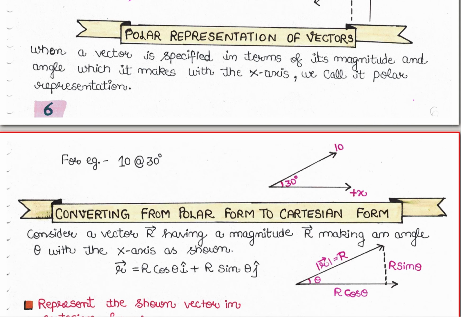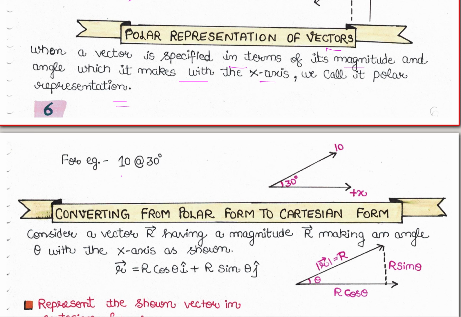Okay. Now polar representation of a vector. When a vector is specified in terms of its magnitude and the angle which it makes with the x-axis, we call it polar representation.